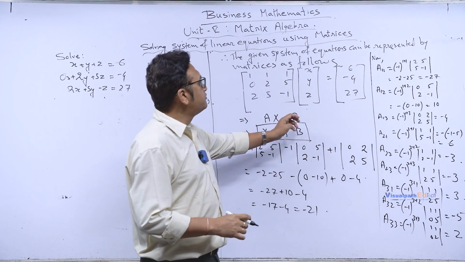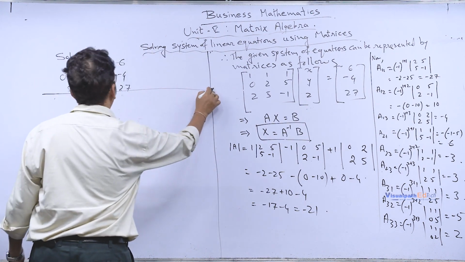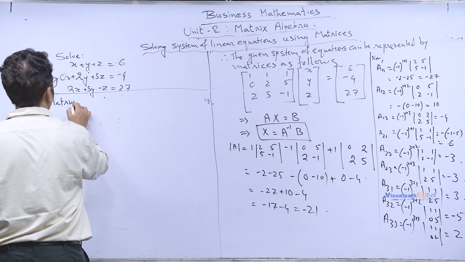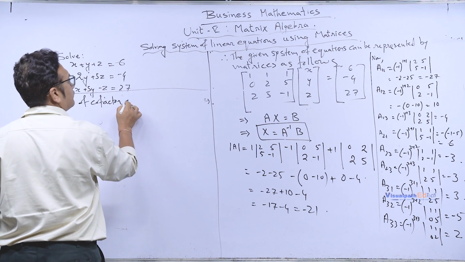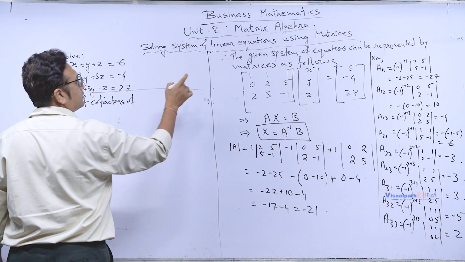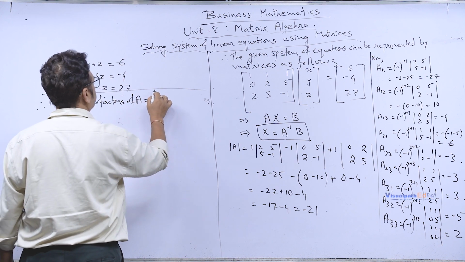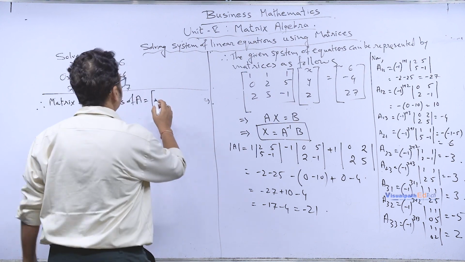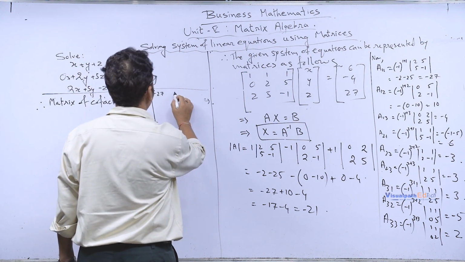So now let's form the matrix of the cofactors. So we'll write, therefore, matrix of cofactors of A is equal to. So we'll start putting the value of A11, which is minus 27, then A12, which is 10.